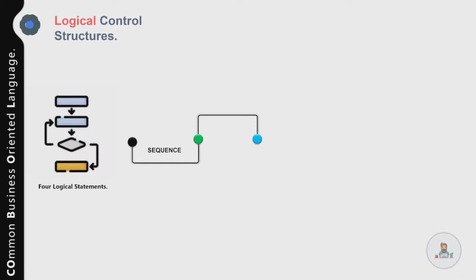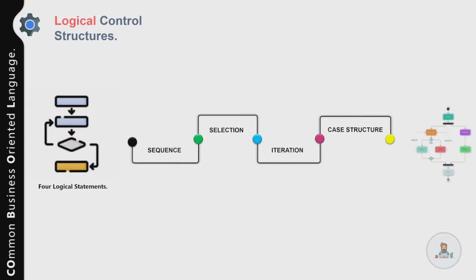These structures are the same for all programming languages. So if you learn how to apply them in COBOL, then you can very well apply them in any of the other modern programming languages. The only difference would be the syntax, which is specific to the programming language that you are using to write your program. Apart from that, the terminology remains absolutely the same.